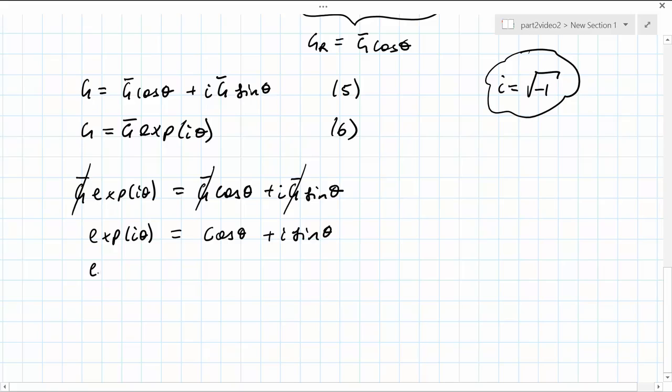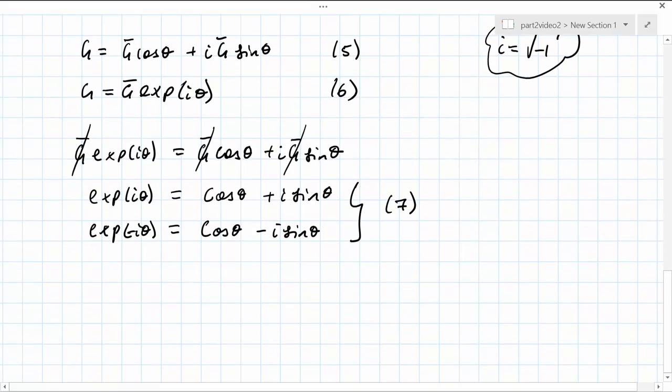Or if we had the exponential of minus i theta, then it's equal to cosine theta minus i sine theta. These are what we call Euler's equations, and they relate complex exponentials to their trigonometric components.